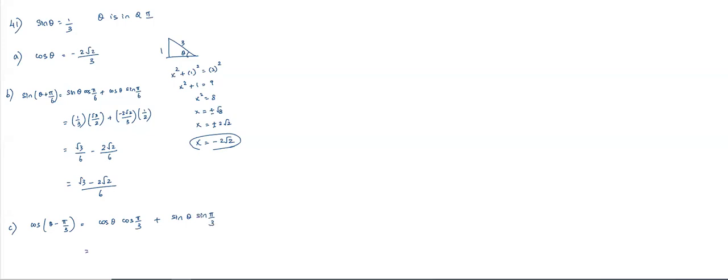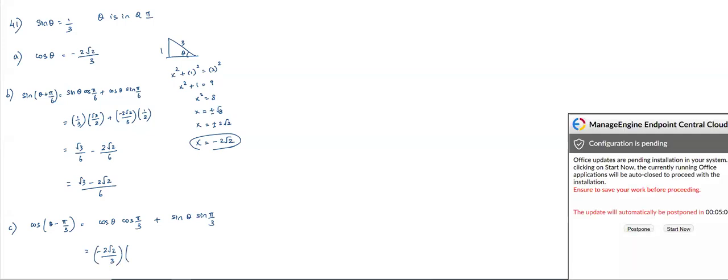Negative 2 root 2 over 3, right? Cosine pi over 3, we all know that to be 1/2. Sine theta is given to be 1/3. Sine pi over 3 is root 3 over 2. So then simplify this. You will get negative 2 root 2 over 6 plus root 3 over 6. And that is what our answer is.